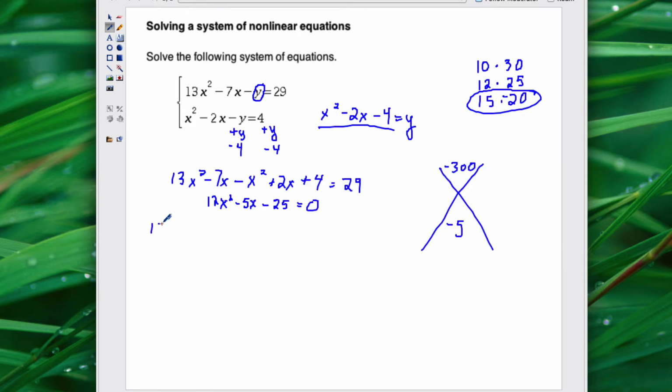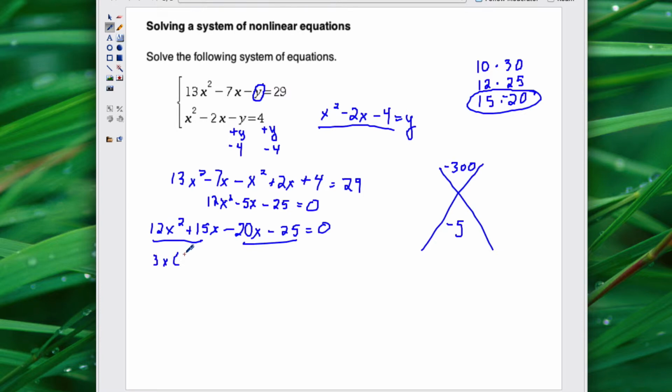So I'm going to rewrite this. The way I like to do this is to use the factor by grouping method, but there's other methods you could use. So I'm going to rewrite this middle term, negative 5x, as 15x minus 20x. So I'm using these two numbers. Okay. So now I'm going to group these and factor, so I'm going to divide both of these by a 3 and an x.